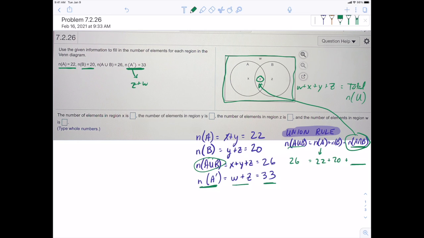And once you know what y is, you should be able to figure out then what x is, what z is. And once you know what x, y, and z are, you should be able to find out what w is too, because you'll be able to use algebra to solve all of these problems. So I'll leave you with that.